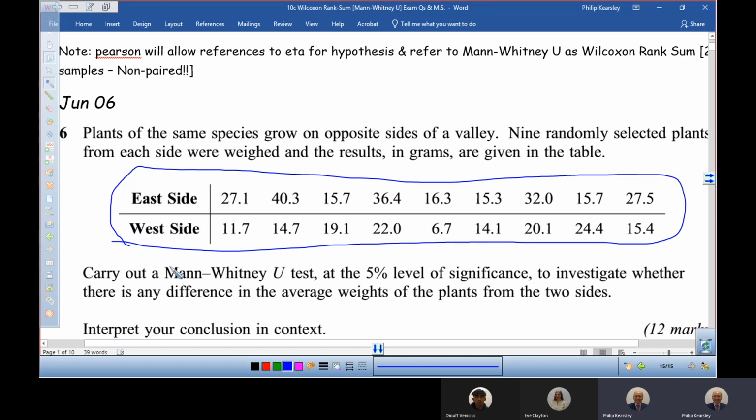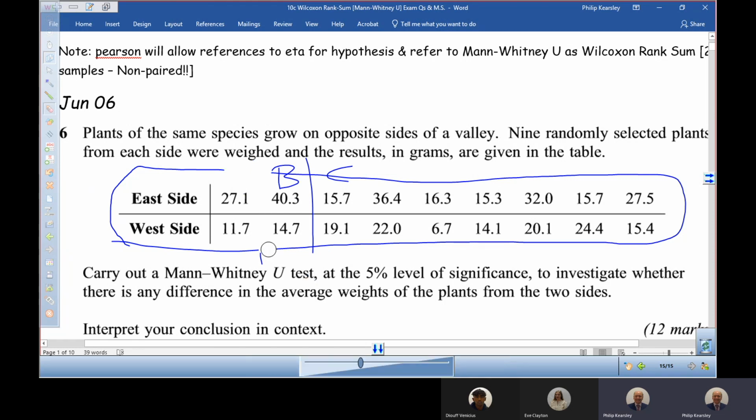If students are going to do this wrong, they do it wrong because they work out differences. They subtract. That's wrong. It's not paired data. There is no A, B, C, D to tell you that it's paired.